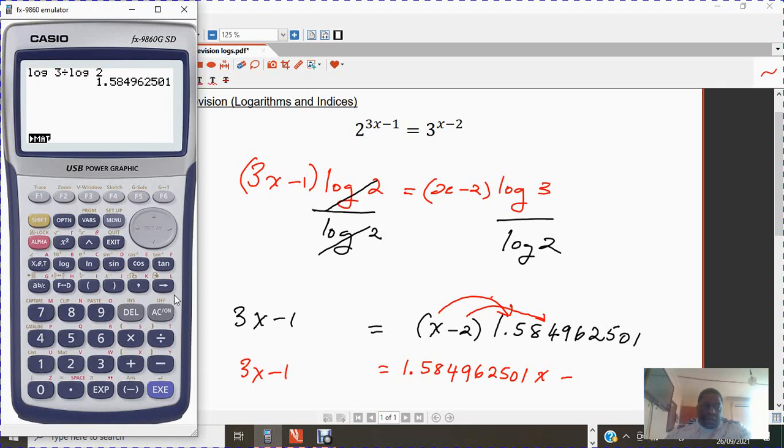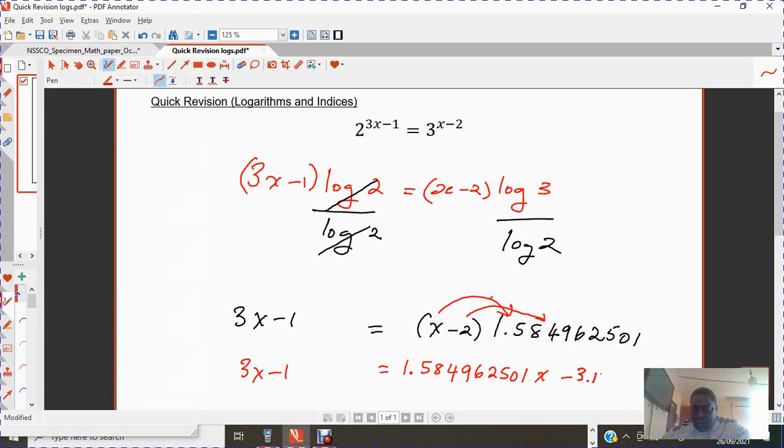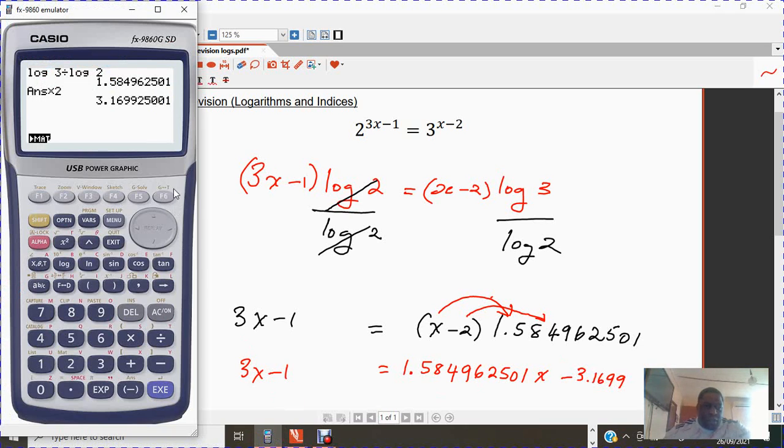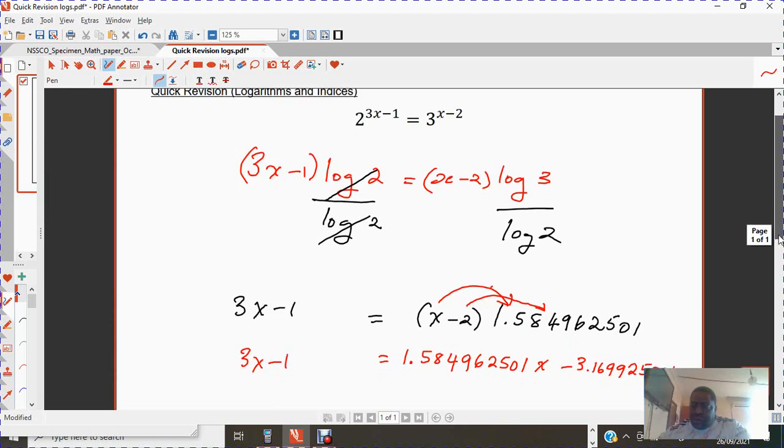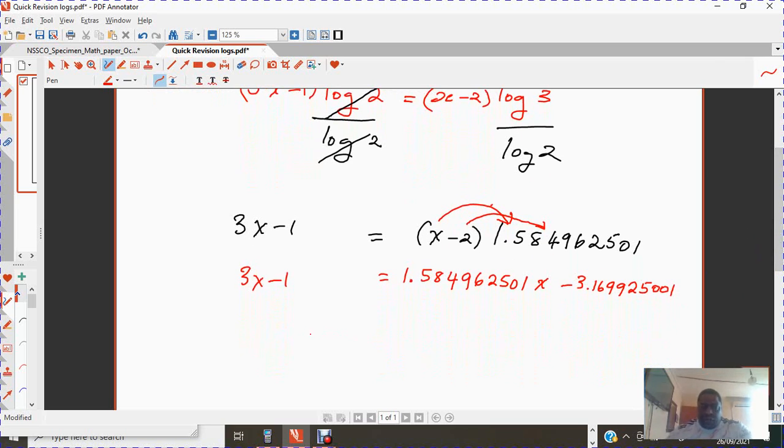When you multiply our answer by 2, I am going to get 3.169925001. We are now very close to getting where we need to be.